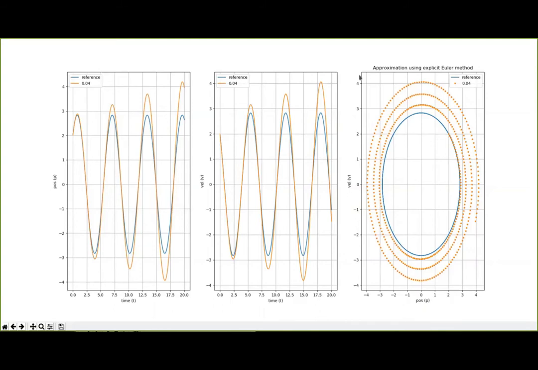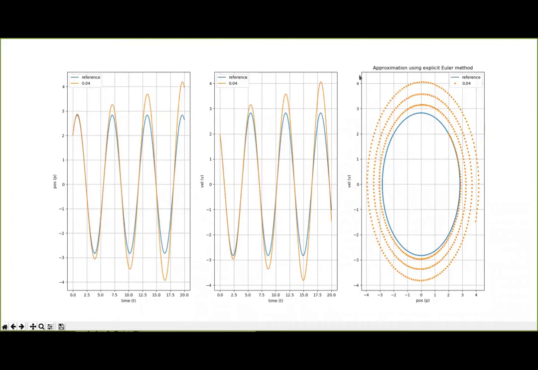The blue curve depicts the reference solution, and the orange curve depicts the solution computed with the explicit Euler method over the interval from 0 to 20 with a step size of 0.04. And what we can see is that the energy of the system indeed increases in that simulation using explicit Euler. Both the amplitude of the position function and the amplitude of the velocity function increase over time.